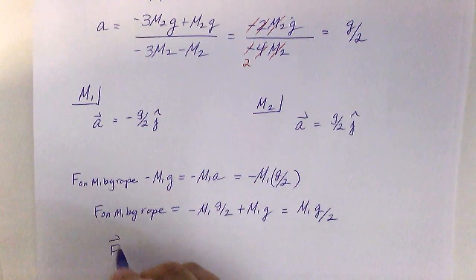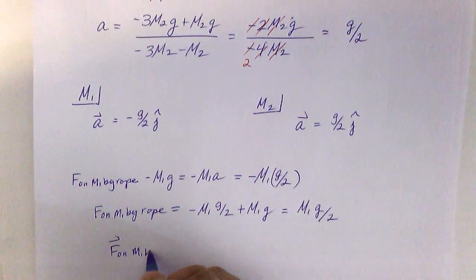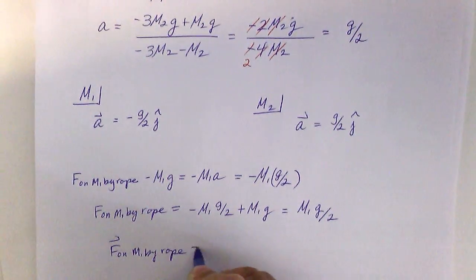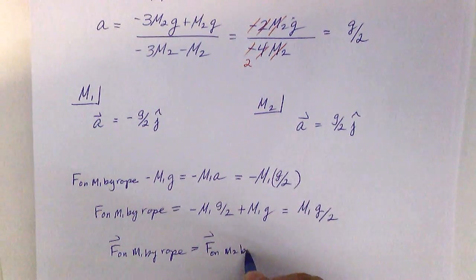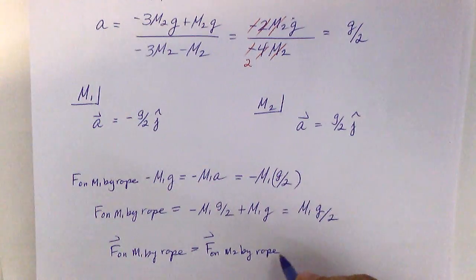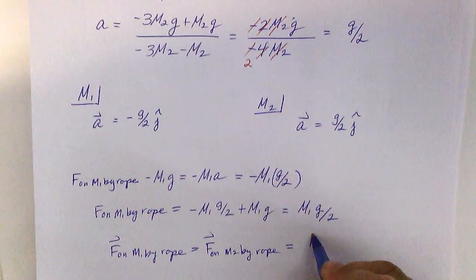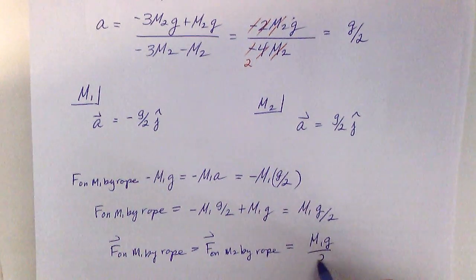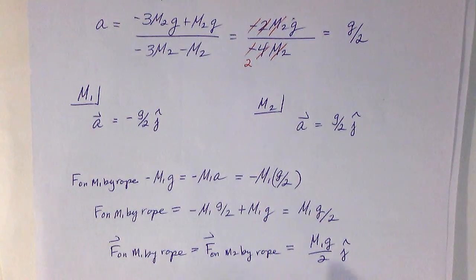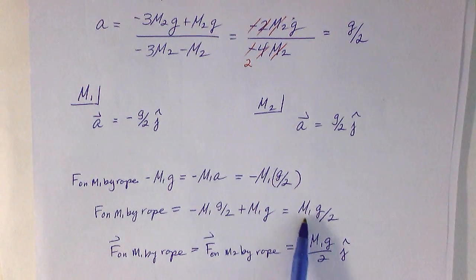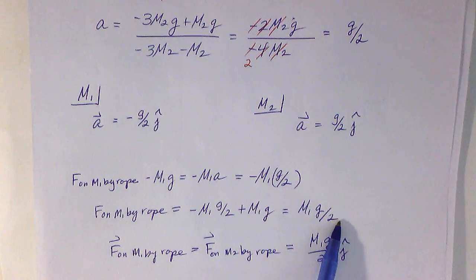So force on M1 by rope is actually equal to force on M2 by rope because they're both in the same direction. And that's equal to M1 G over 2 J hat. Now you may be thinking, wait a minute, this is M1 G divided by 2.